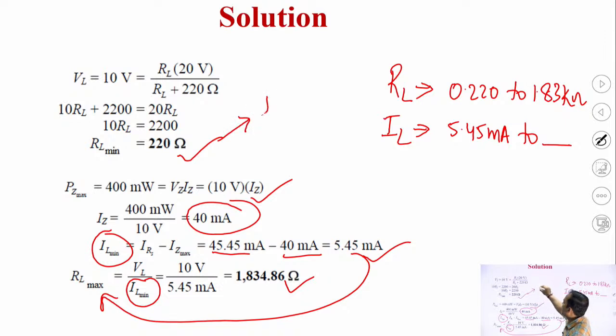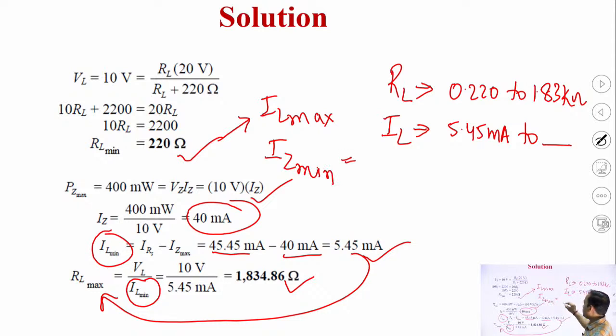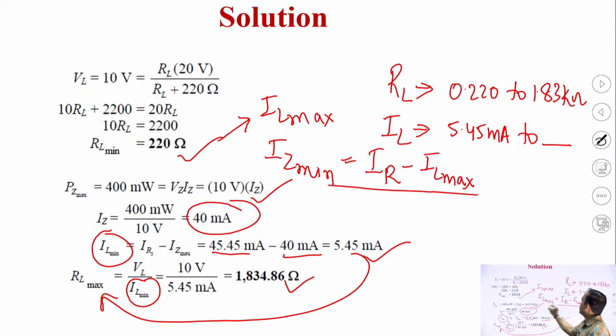From this we can calculate IL max. Once IL max is known, Iz minimum equals IR minus IL max. Naturally, because when the Zener current is minimum, the load current will be maximum. So this is the second case.